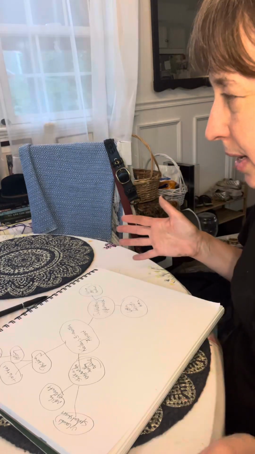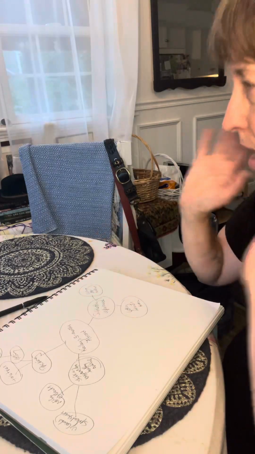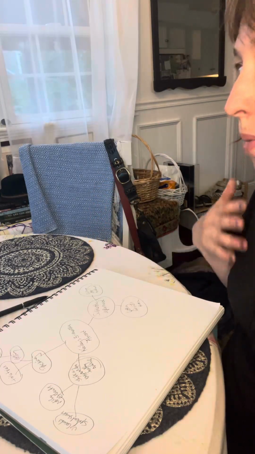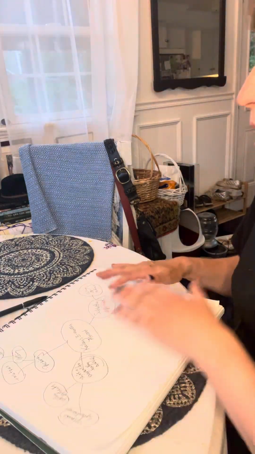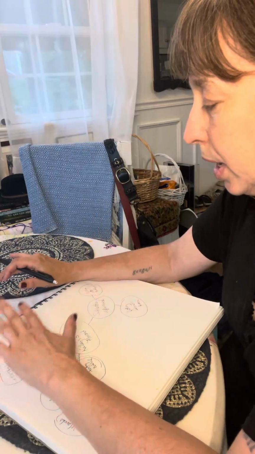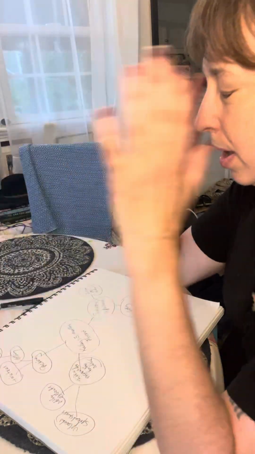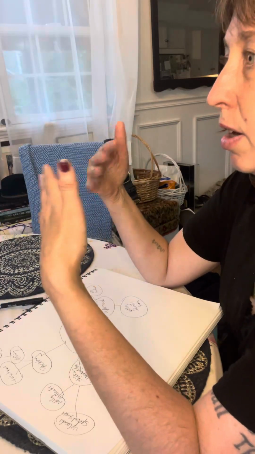Once your brain is empty and you feel clear, that's when you stop. When you can't come up with any more thoughts that relate to the central topic, that's when you know you're done. If you have to go on to another piece of paper, that's totally fine. Keep working the mind map until you get to a stopping point where you can't think of another topic.